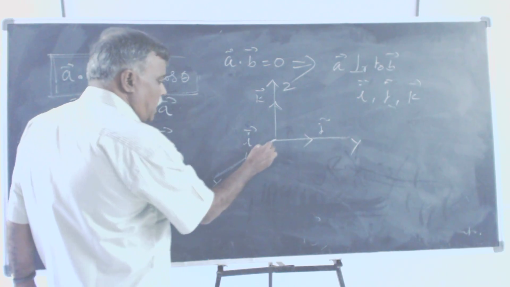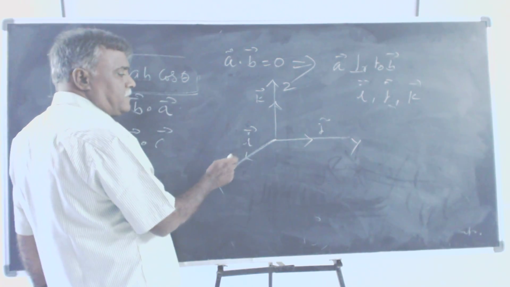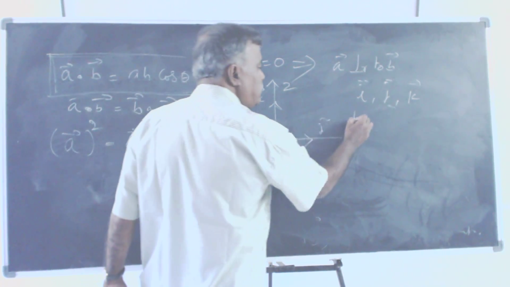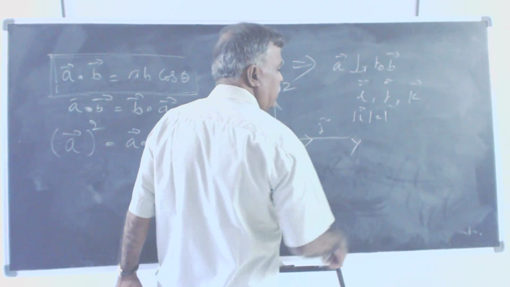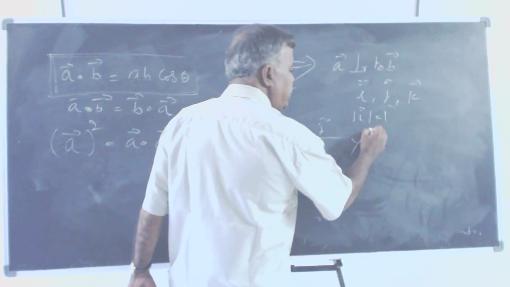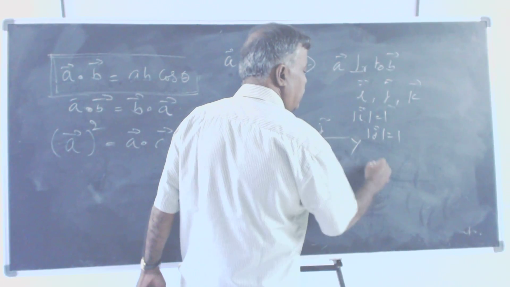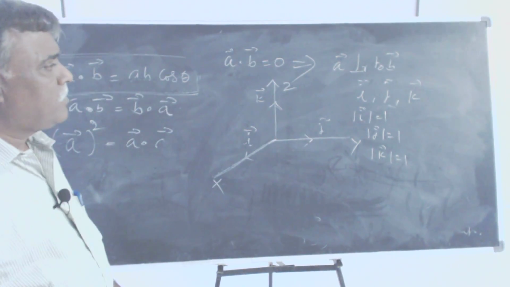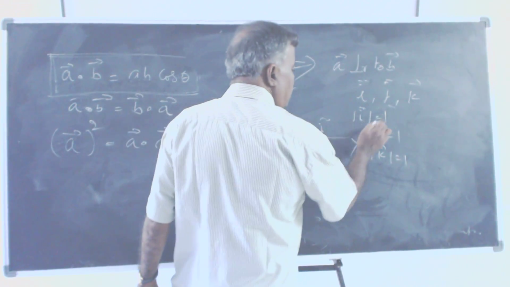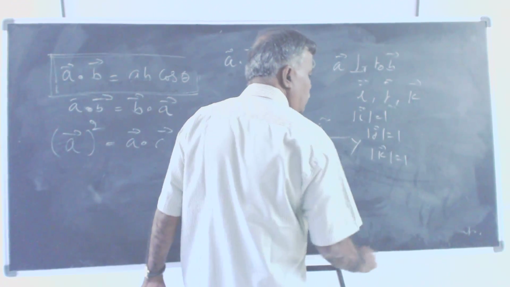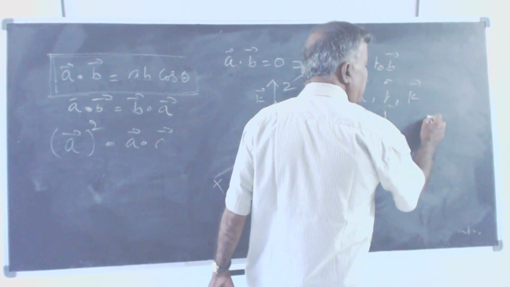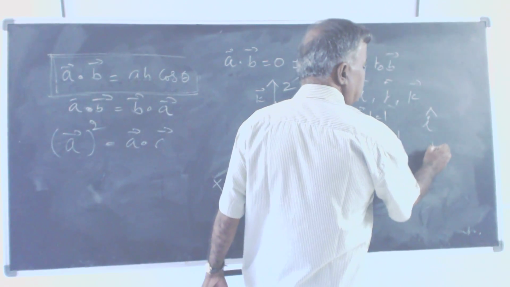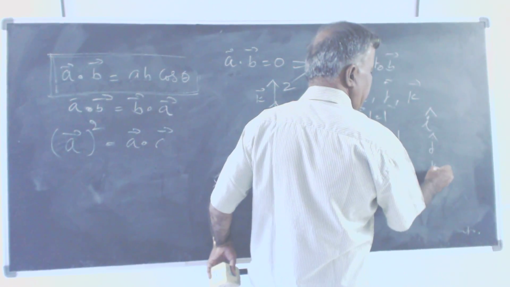So i vector is taken along x-axis. This is a unit vector. Unit vector means mod i equal to 1. j vector is taken along y-axis. Mod j equal to 1. Mod k equal to 1. Right. Mod i, mod j, mod k, these are all unit vectors. Usually we have to write this as i cap, j cap, k cap.